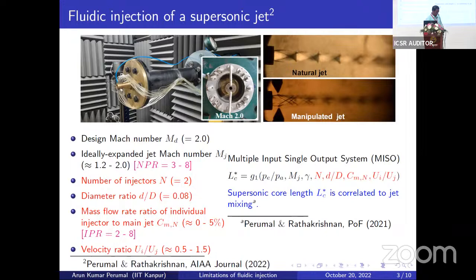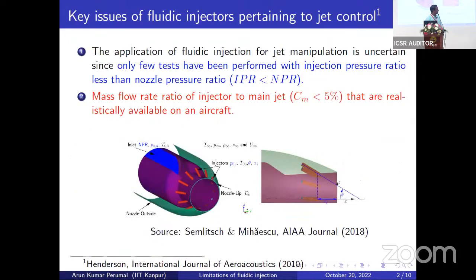In the starting phase of the work, we started with the injectors. I'll quickly go through the nomenclature, which might help in the forthcoming slides. These are the injectors, the nozzle pressure ratio comes from the engine, and the injection pressure ratio is given by IPR. These are the number of injectors.